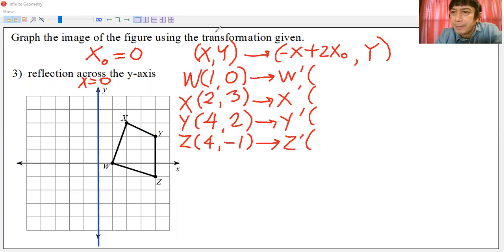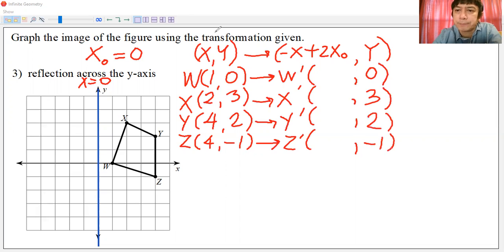Open parentheses. And again, the y values will not change. So after the comma, we will write the y values right away. And that will be the same y values from the original points. So after the comma, we have 0, 3, 2, and -1. Okay. Compute now the x values. So we have negative x plus 2 times x of 0, negative of x.